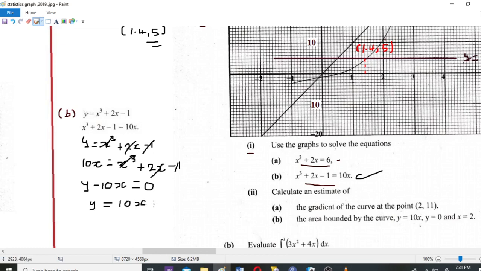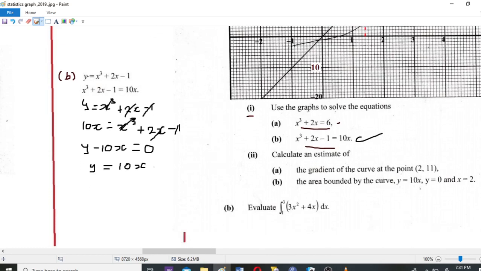Now how do we solve this one? You remember the same procedure I showed you in the first graph. You need to draw a box. So how do you do that? Let's do that from here. Okay, this is our box.